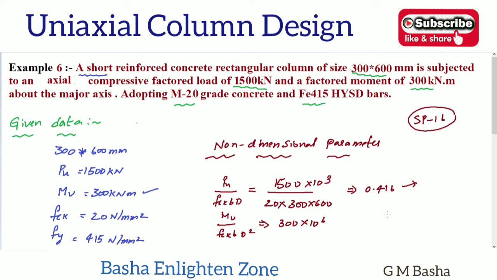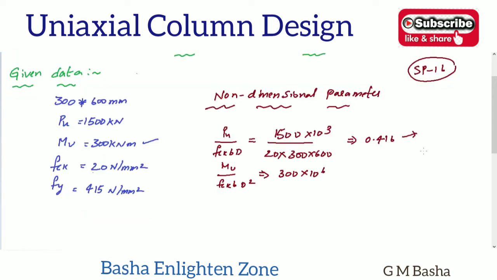So you get 300 into 10 to the power of 6 by fck 20 into the b value 300 into the d value 600 whole square. If you simplify this value, sorry, it will be 0.138.